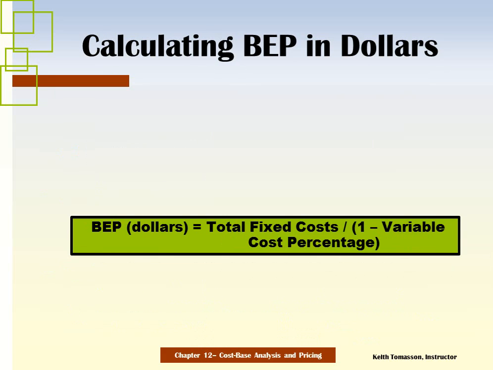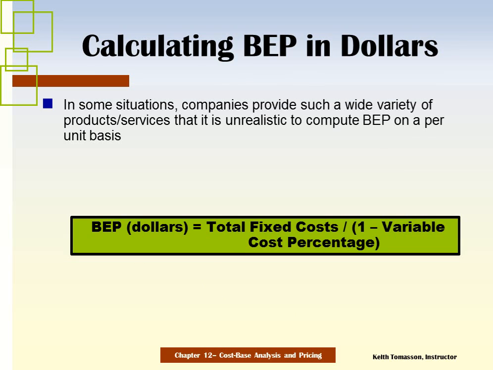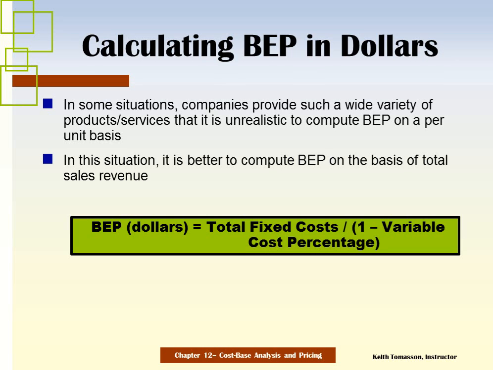We can also calculate the break-even point in terms of dollars, because sometimes we may not know the exact unit contribution, but we will know the variable cost percentage. And it may be unrealistic to compute break-even point on a per unit basis if we've got a large number of products and services being sold in our organization.